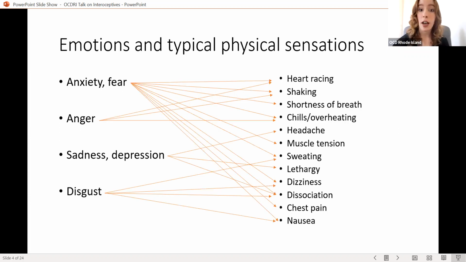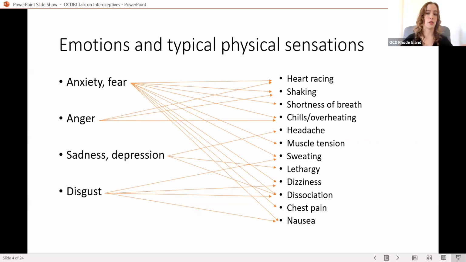Let's talk about the types of sensations that come up with other types of emotions. We just covered anxiety and fear, and those sensations are tied directly to this fight, flight, or freeze response cycle. It's a lot of the physical arousal, getting ready for action. Now, anger oftentimes feels very similar to anxiety, similar to the fight aspect of that arousal pattern.